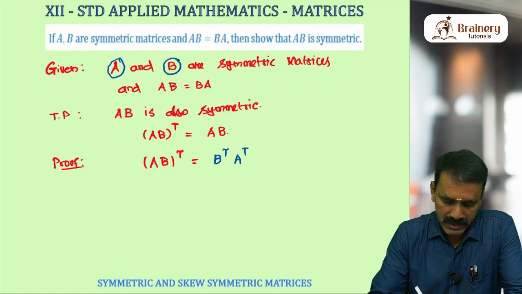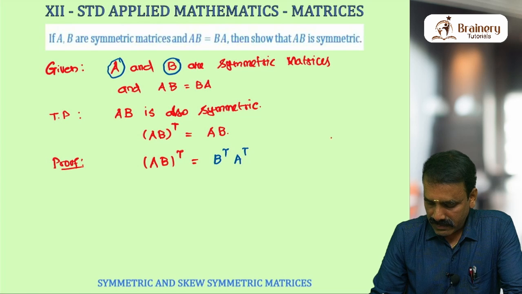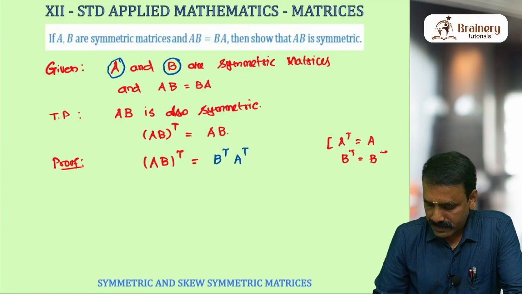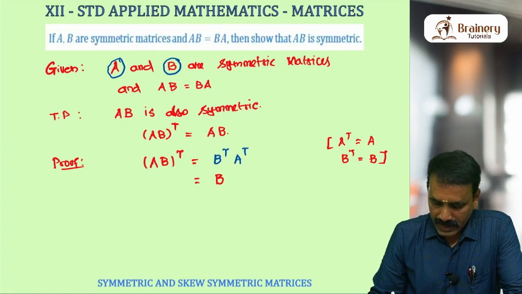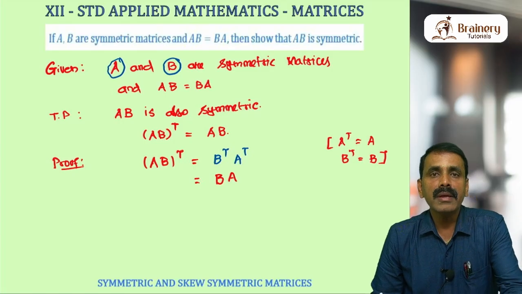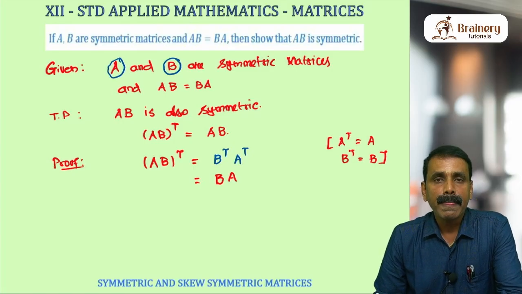Because they are symmetric, we can clearly say that A transpose is equal to A and B transpose is equal to B. So B transpose is written as B, A transpose is written as A, because A and B are symmetric matrices.